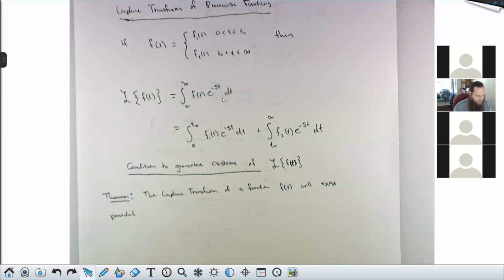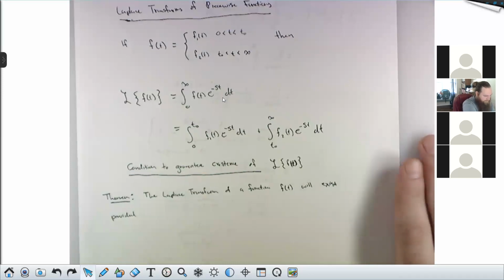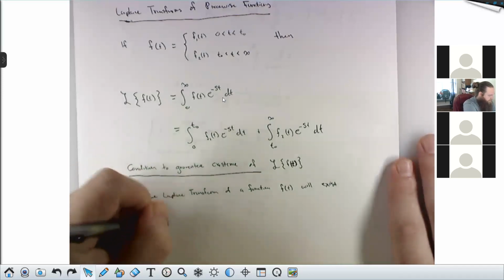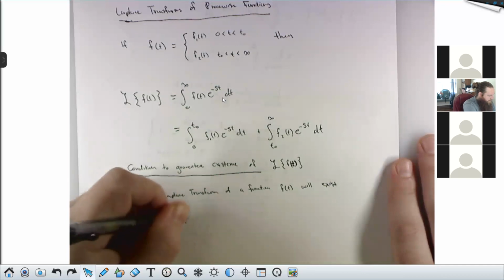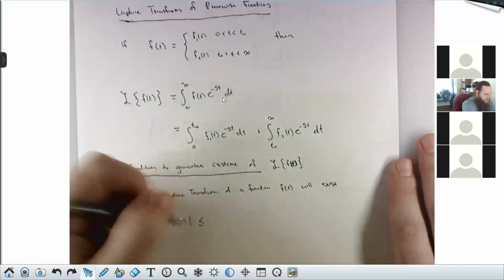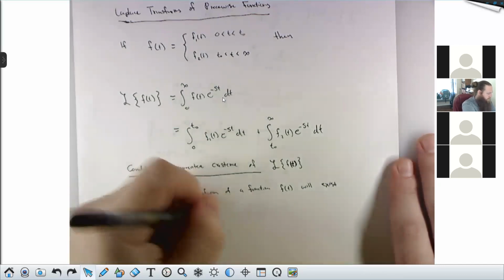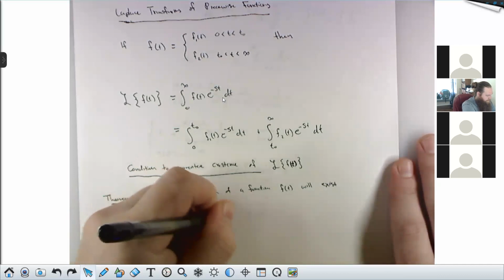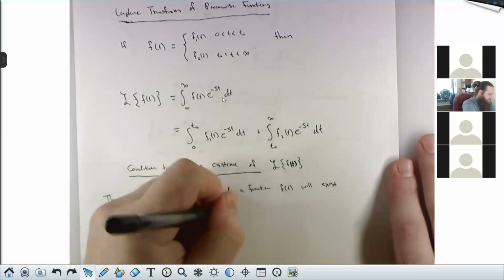Now, the notation your textbook uses: provided the function f of t, in absolute value, its size, can be bounded above by some exponential, call it m e to the ct.